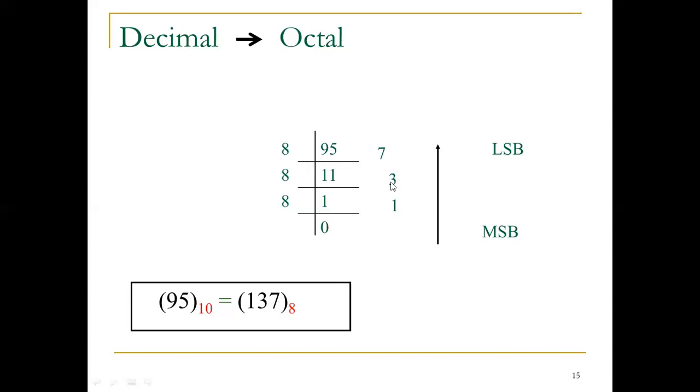Then you can count the remainders here: 1, 3 and 7. As we have already seen, this should be at the MSB position and this at the LSB position. Accordingly, 137 is the equivalent octal number of the decimal number 95. So 95 is converted into 137 in octal.